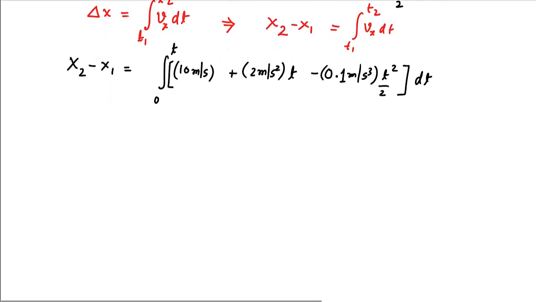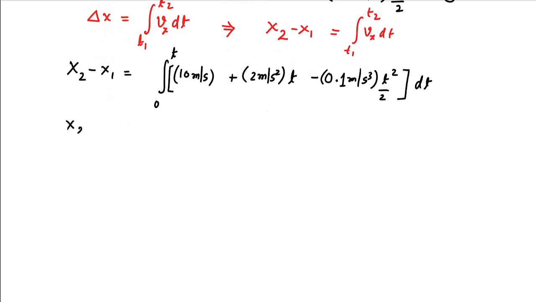So now if you integrate, this will be x2 minus x1. This is equal to, so this is a constant, so this will be multiplied by t, and then this is t, integration of t is t square by 2.